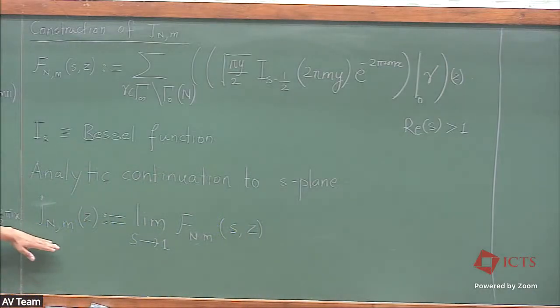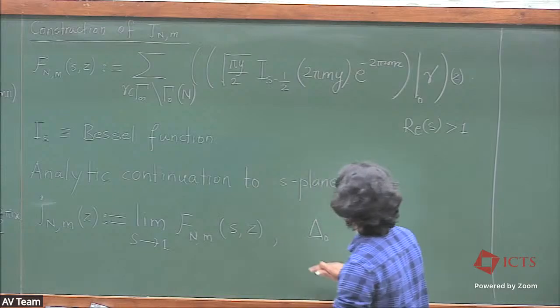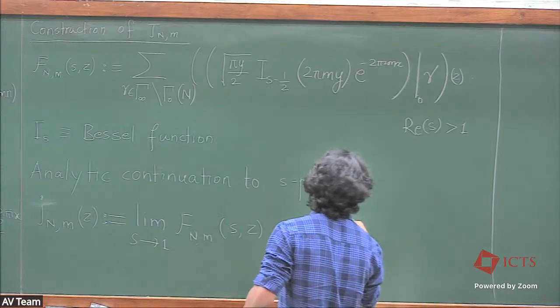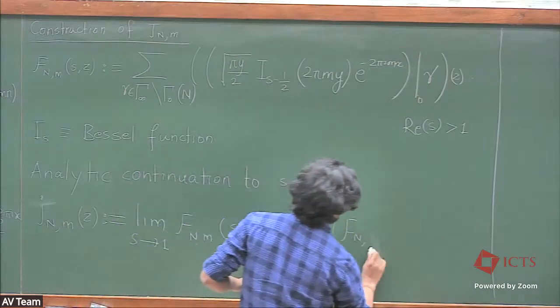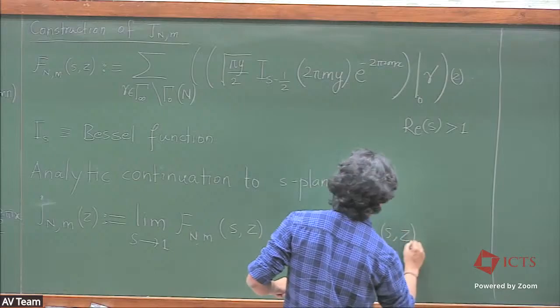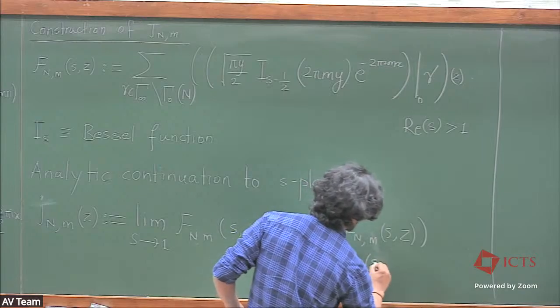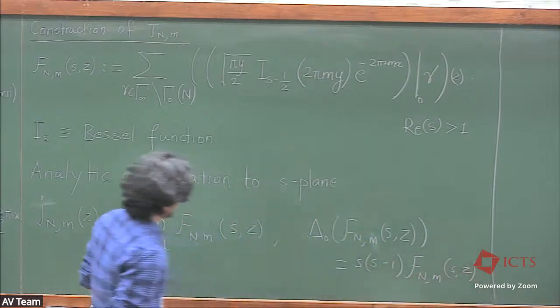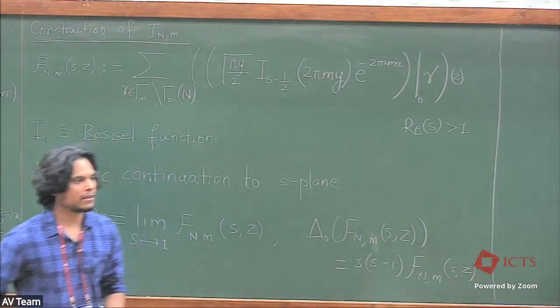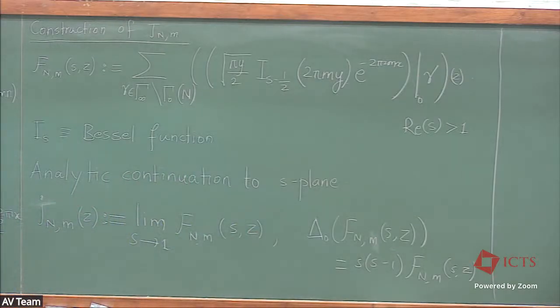We can also show that this is invariant under the action of, so this is annihilated by delta 0 if we take s equals 1. The general result is that the action of delta 0 on F_{n,m} is s times (s minus 1) times the function. Once we take the s going to 1 limit, the function is annihilated by delta 0, and then this is a harmonic mass form.